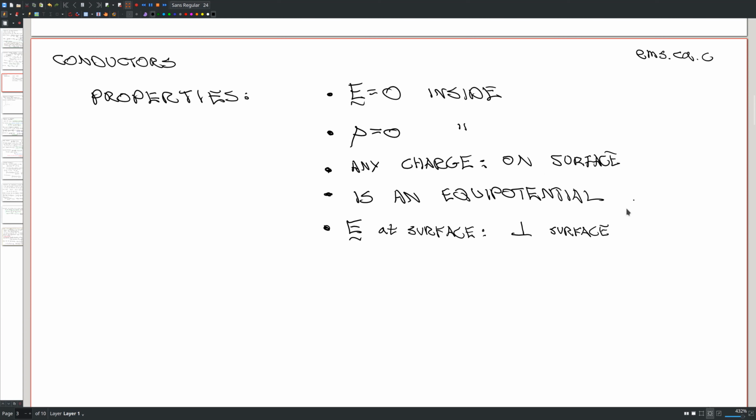If there was an electrical field that was tilted at the surface of a conductor, it would mean that the charges at the surface would feel a force to move them along the surface. But they don't, because if there is, they move. They move as long as they haven't canceled the field. And at some point when they stop moving, it's because the field doesn't have a component along the surface anymore. Okay, so that's what it is.